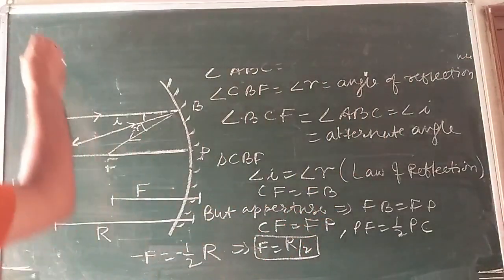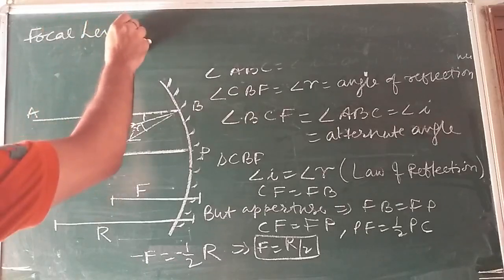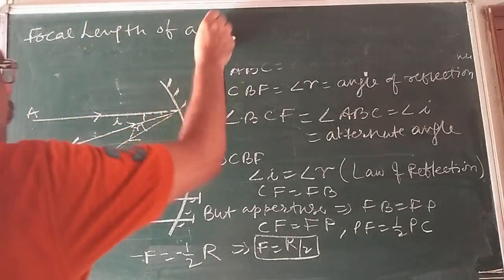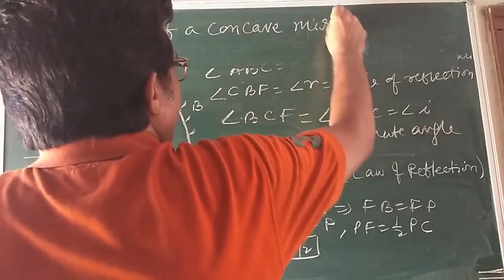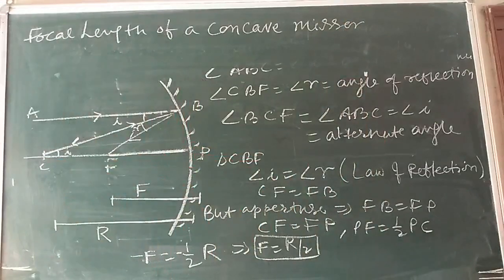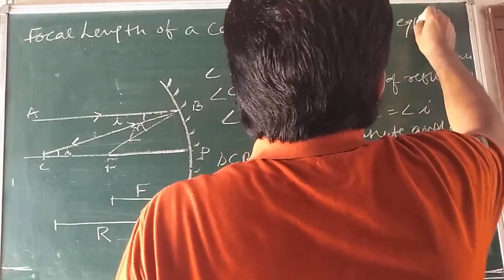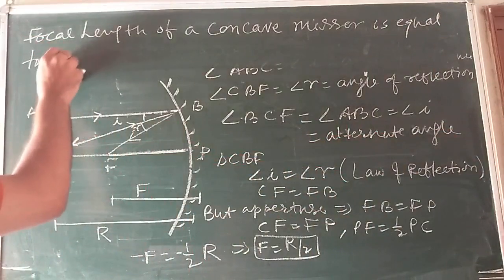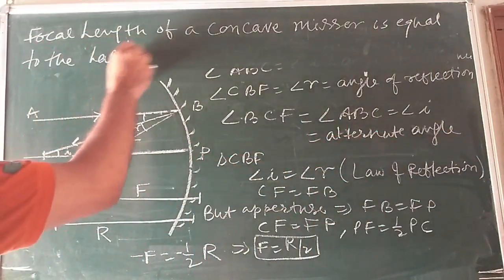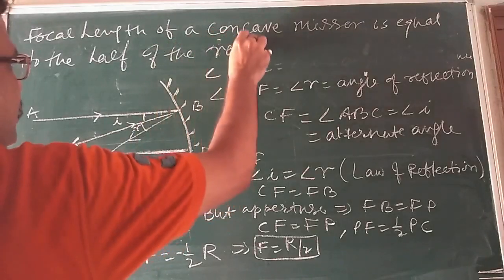Focal length of a concave mirror is equal to the half of the radius of curvature.